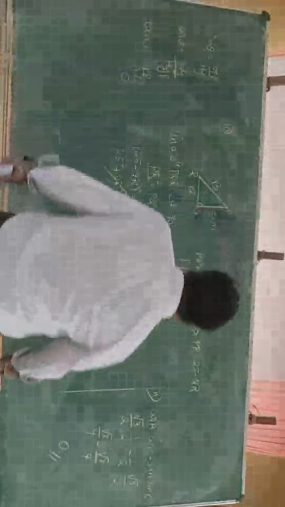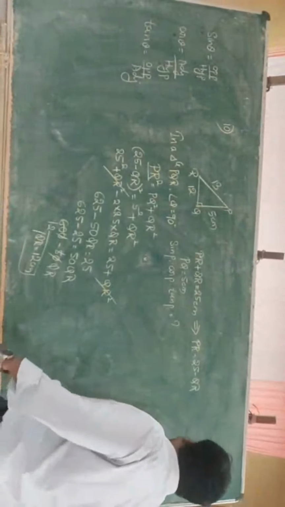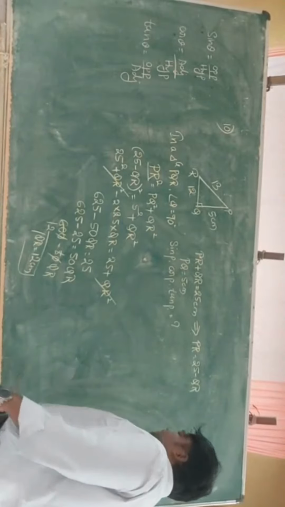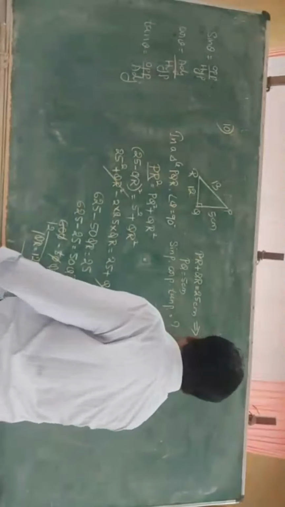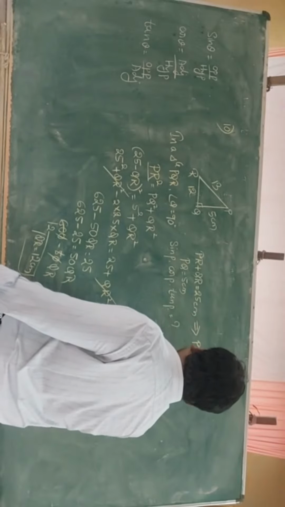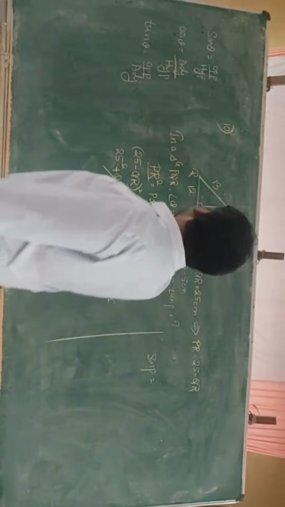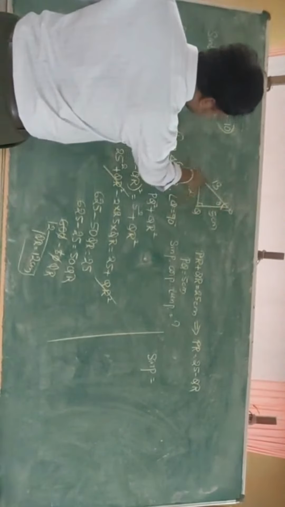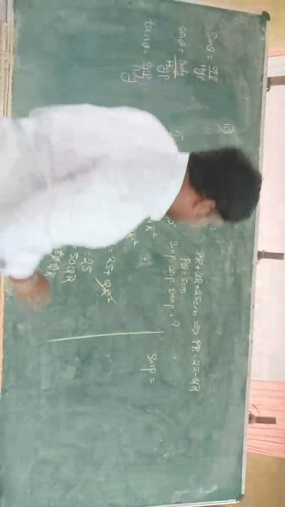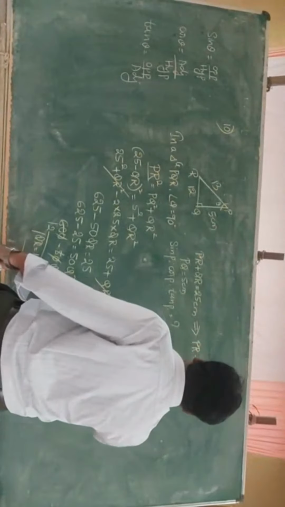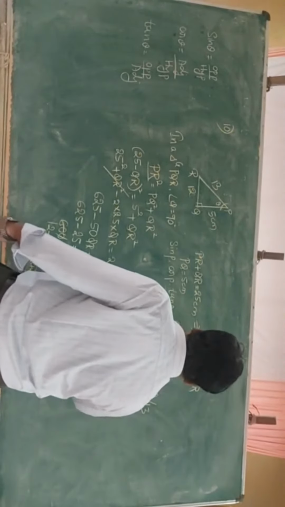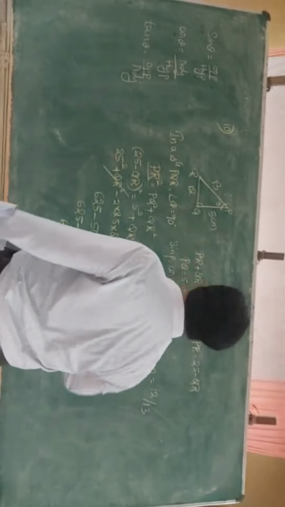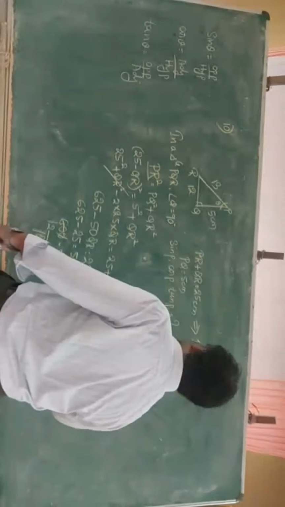So now we can write sin P, cos P and tan P. Sin P, with the angle theta formed at P, is opposite upon hypotenuse, that is 12 upon 13. Cos P is adjacent upon hypotenuse, 5 upon 13.